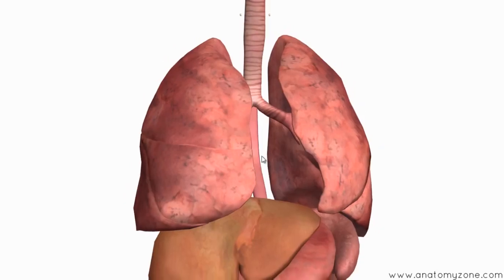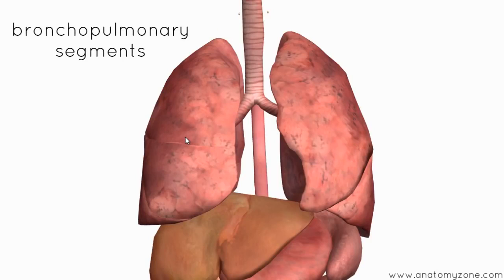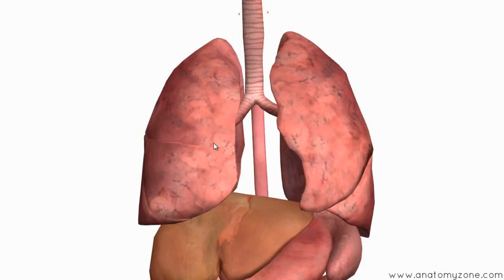These lobes can actually be further divided into what is known as bronchopulmonary segments, and each lung has 10 bronchopulmonary segments, and these are supplied by the segmental bronchi, so the tertiary bronchi. So the lobar bronchi supply the lobes of the lungs, and the segmental bronchi supply the bronchopulmonary segments.